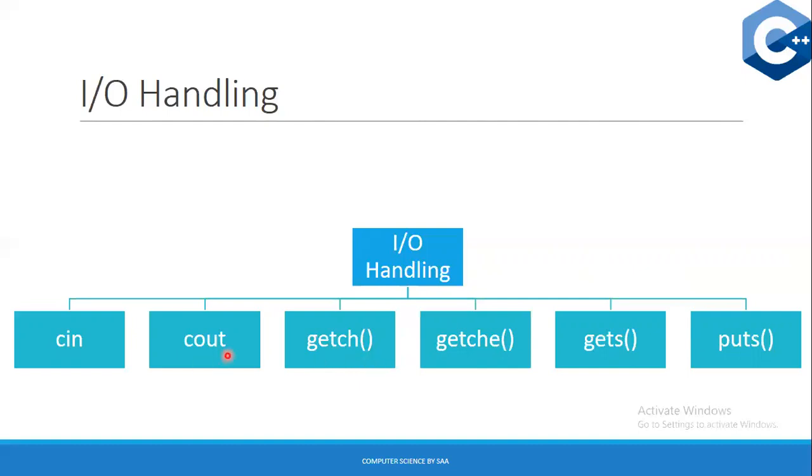As you can see, there is no parenthesis after cin and cout, so these are statements. So for input output handling, these two statements and these four functions are used. We will go through them one by one.